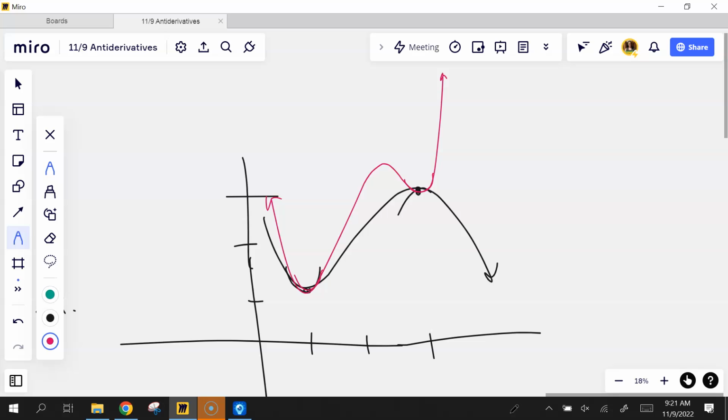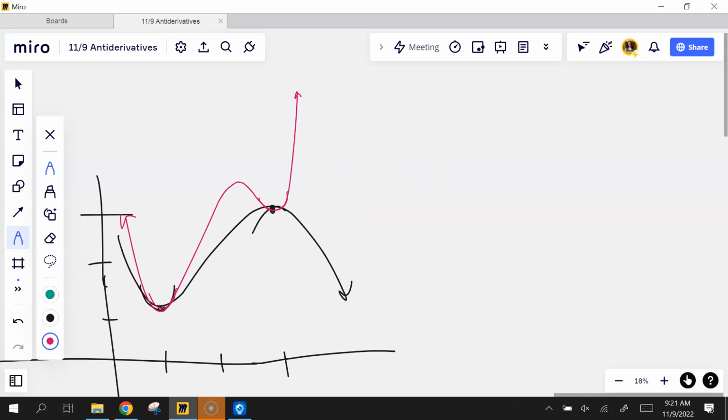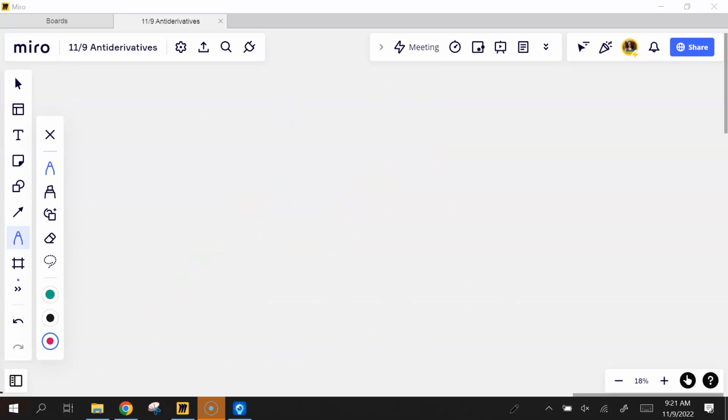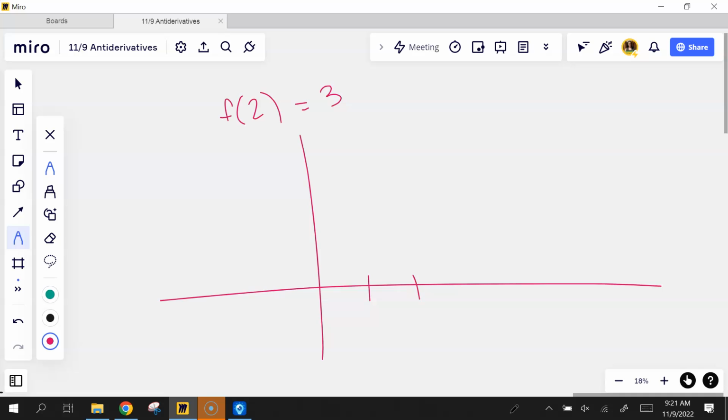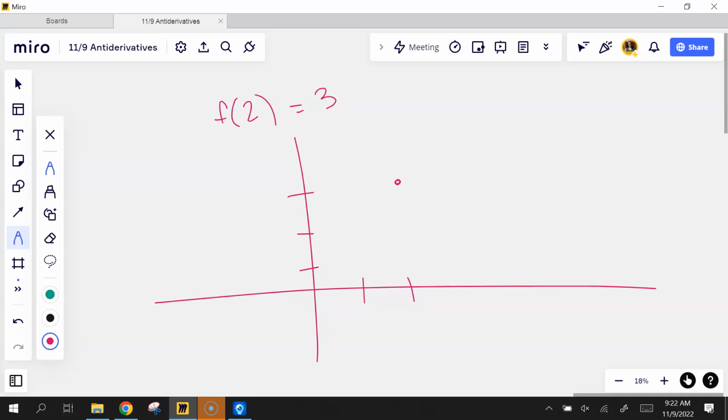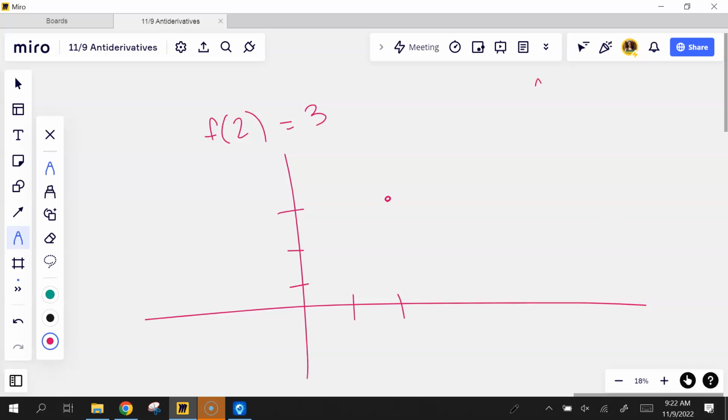I think 40 is important, though. Let me just talk you through at least one part of 40, and then I'll stop with this for a while. F of 2 equals 3. That means it's got the point 2, 3. You have lots of these kind of things, but mostly they're analyzing. A lot of stuff is given to you. The derivative at 2 is 0.